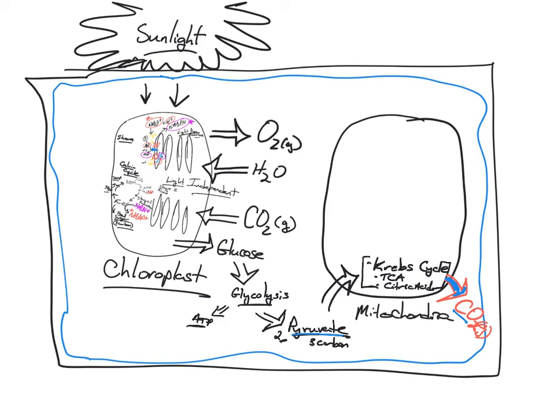Then you have a bunch of electron carriers, which again we'll look into. They're different electron carriers. They're called NADH. What's the difference between this one and the chloroplast one? There's no P. So NADH and FADH2. And that's just 2 electron carriers.